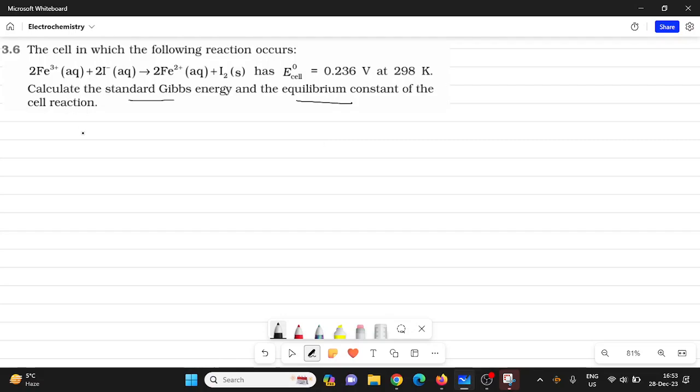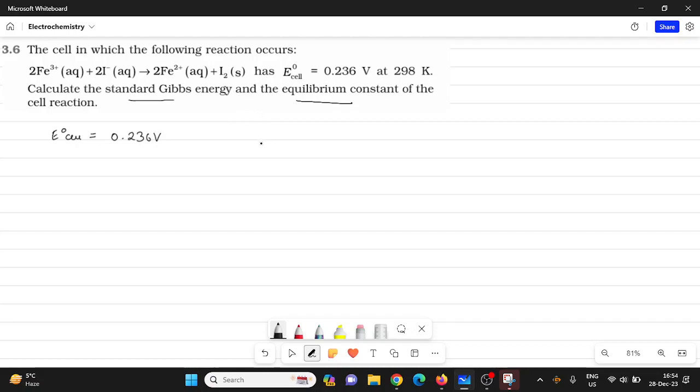First of all, let's write down what's been given to us. E naught cell equals 0.236 volts. Now, it might be a little difficult to figure out the number of electrons, so let's break down this particular reaction into the oxidation and reduction halves.